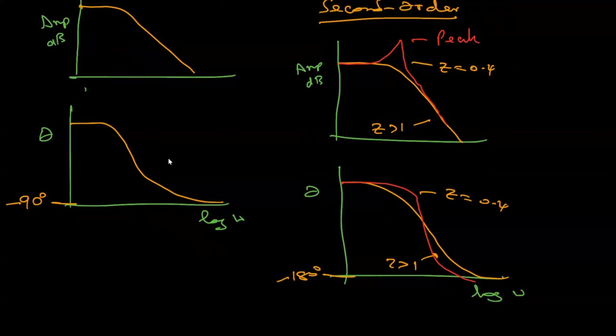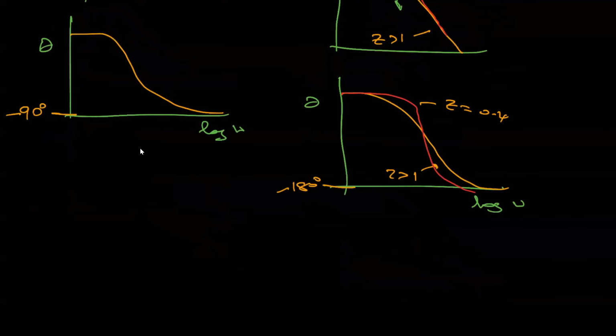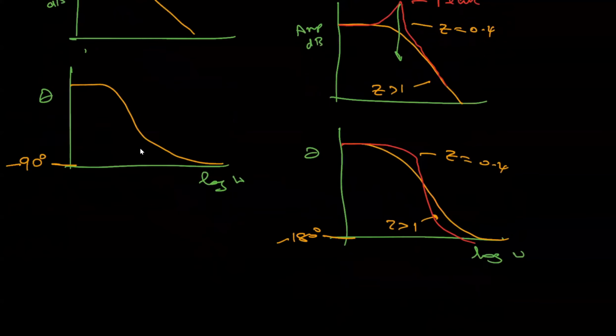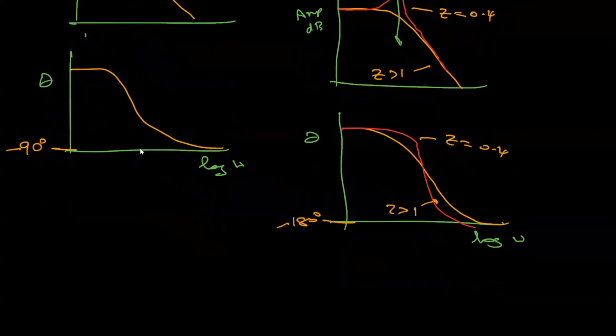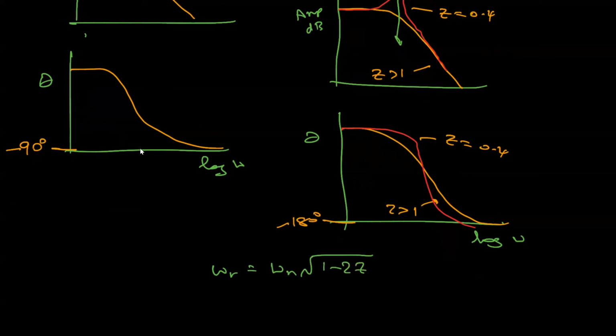It's possible to derive equations that measure both the location of the peak and its amplitude. So the frequency at which the peak occurs, which is omega r, is omega n times the square root of 1 minus 2 zeta squared.